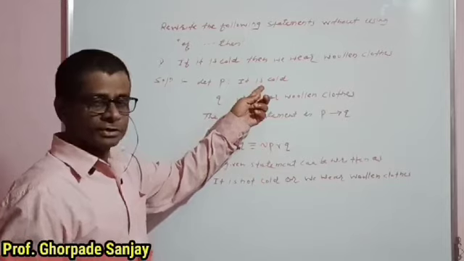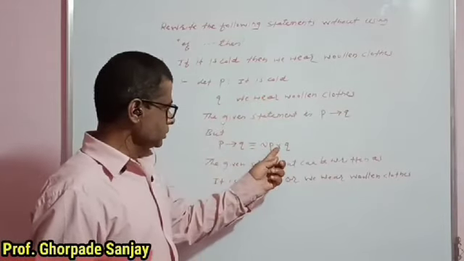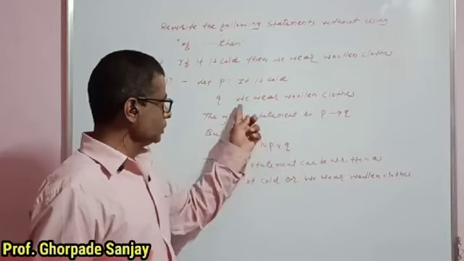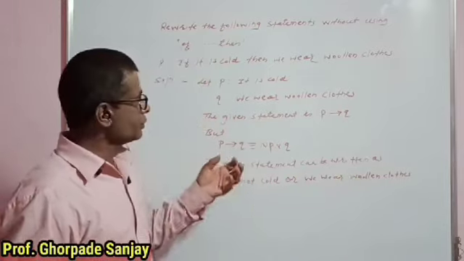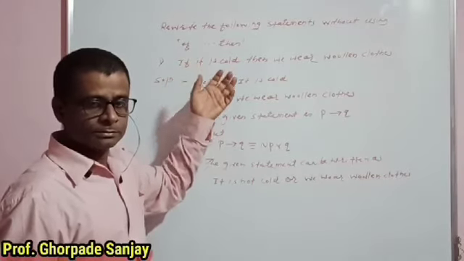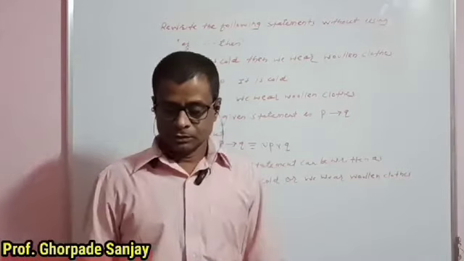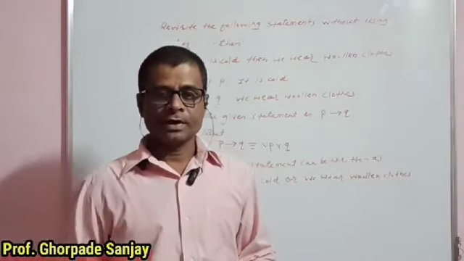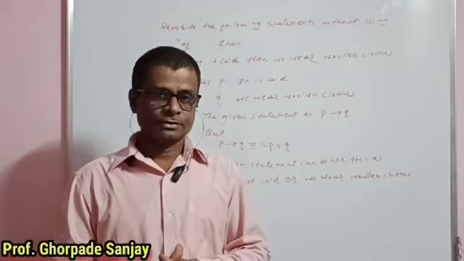It is cold. Its negation is what? It is not cold. Disjunction means or. Q, we wear woolen clothes. So we have represented the given conditional statement without if then.